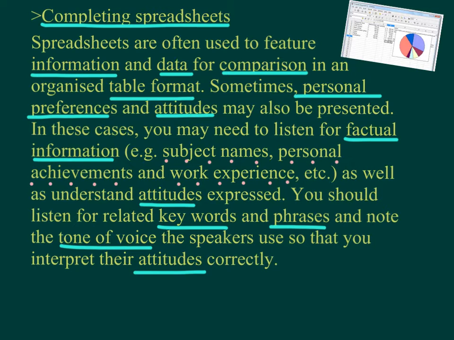In these cases, you may need to listen for factual information, for example, subject names, personal achievements, and work experience, etc., as well as understand attitudes expressed. You should listen for related keywords and phrases, and note the tone of voice the speakers use so that you interpret their attitudes correctly.